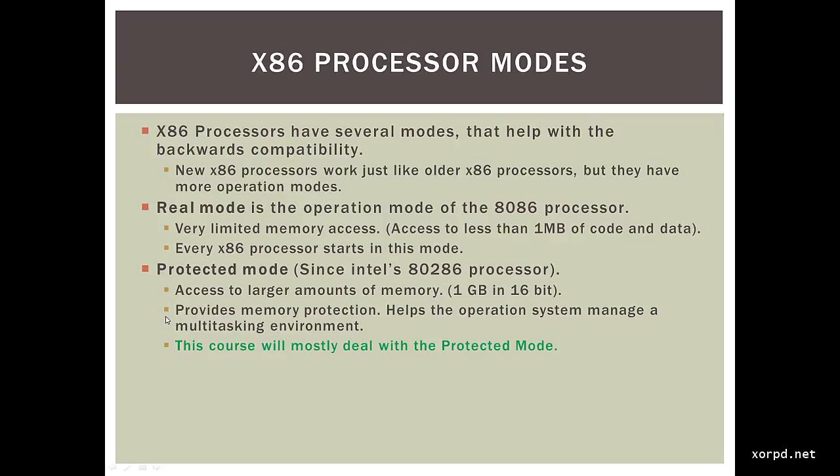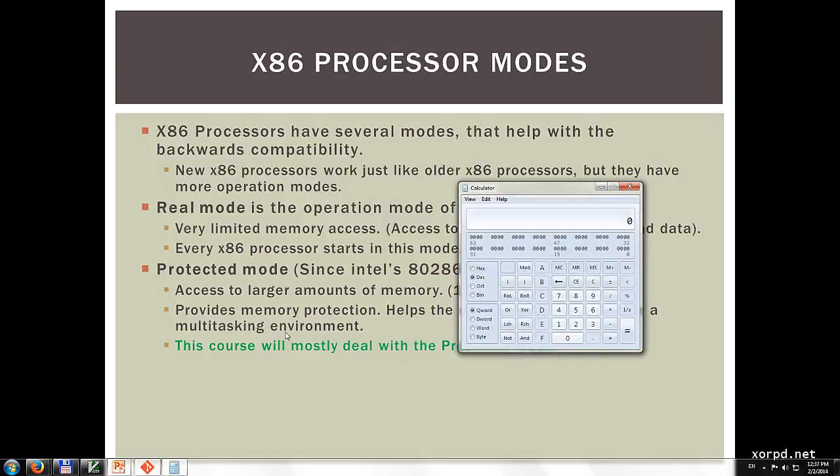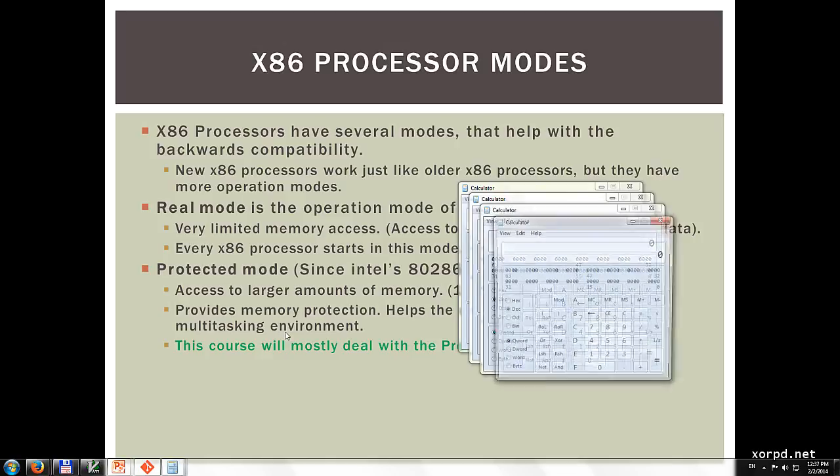In addition, it provides memory protection, which mostly means for you at this stage that it helps the operating system manage a multitasking environment. I assume that you are so used to a multitasking environment that you might have forgotten, or maybe you have never understood or known what it actually means. For example, it means that I can open a few programs at the same time.